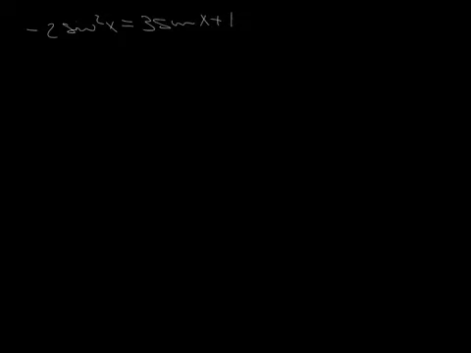Alright, so this is number 21. Let's get all of our signs together. In fact, let's take this one on the left and move it over here because we can get that negative then to be a positive. So we're going to have 2 sine squared x, we'll make that 0 over there, plus 3 sine x plus 1.